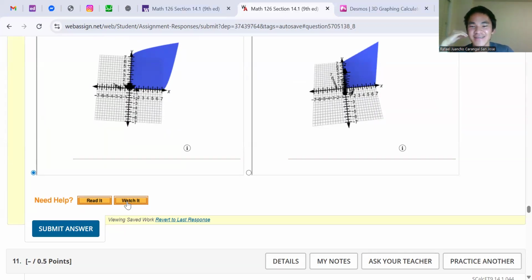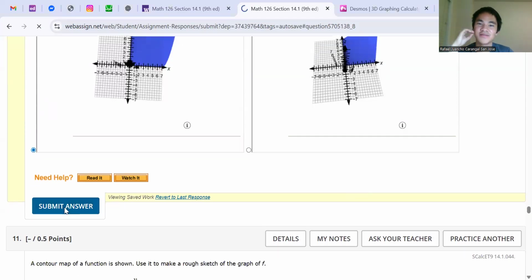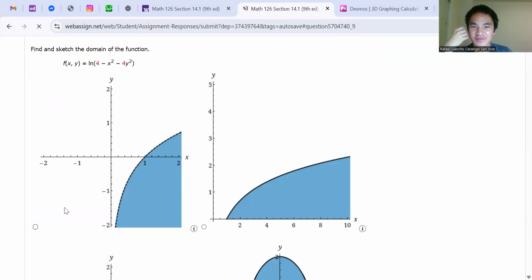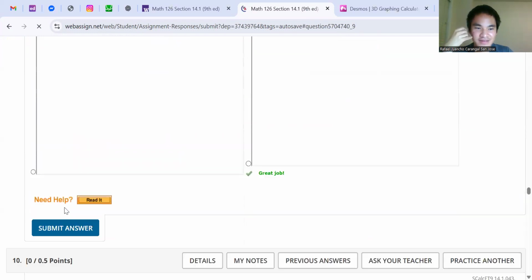That's crazy. He can actually trace it on his own. That's funny, I just looked at the watch it thing. I would say it's this one though. Okay, let me hit submit, see what happens. To me, it's more like a drawing thing instead of math.